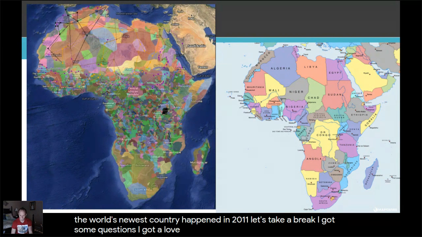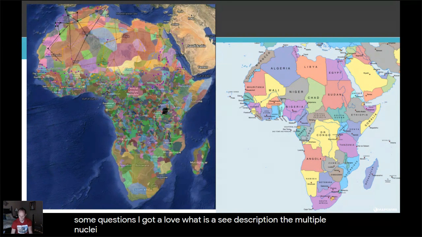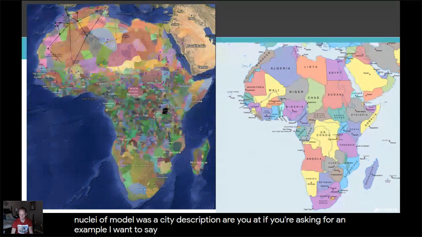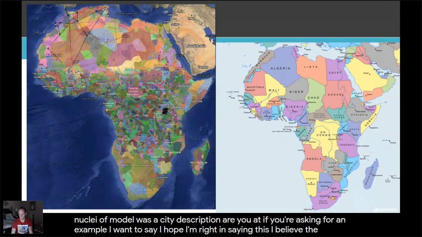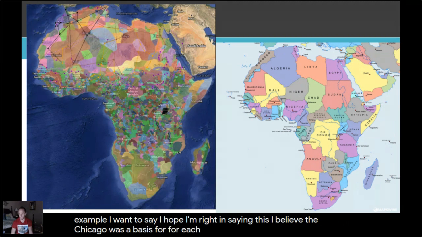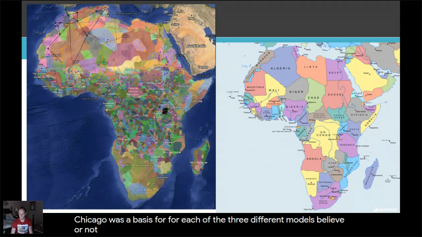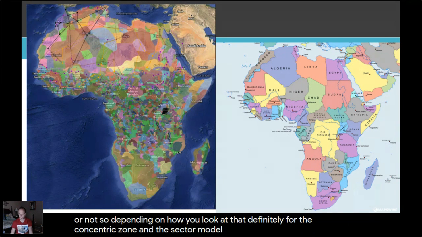All right. What is the city description in the multiple nuclei model? What is a city description? If you're asking for an example, I hope I'm right in saying this, I believe that Chicago was the basis for each of the three different models, believe it or not. So depending on how you look at that, definitely for the concentric zone and the sector model, Chicago was the basis for that.